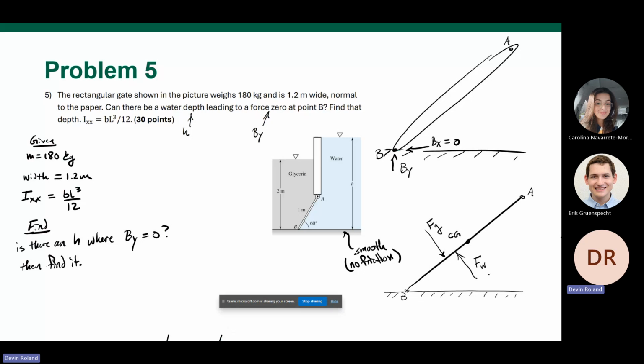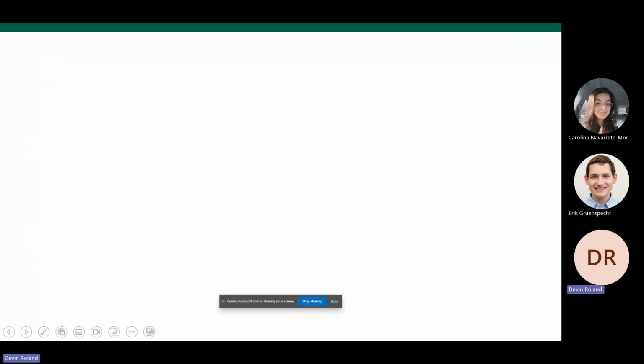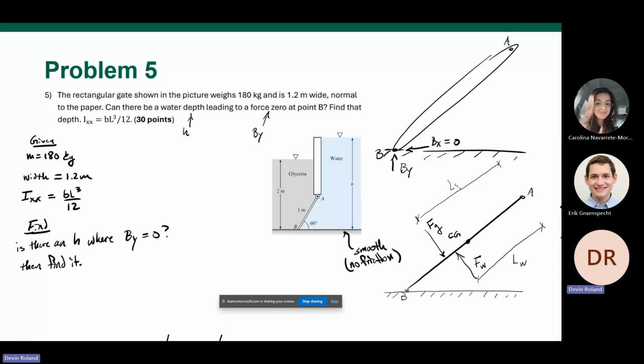So then we have these distances back to our hinging point that I'm going to call LW, and LG for glycerin. And we know our angle is 60 degrees.